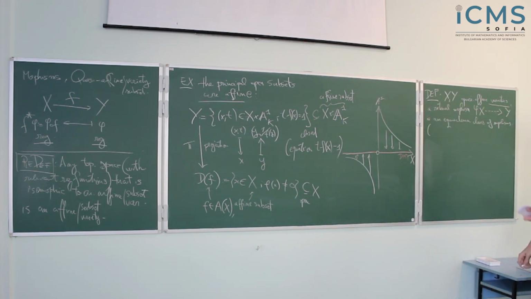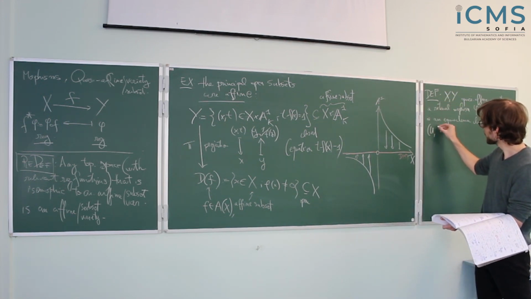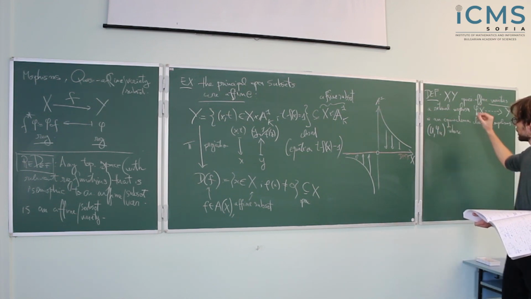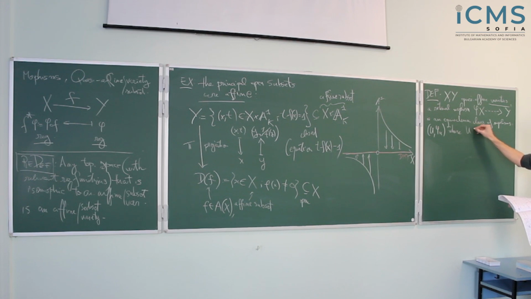So what is inside of those classes? We have pairs (U, phi_U), where U is an open subset of X, and phi_U is a morphism between U and Y. So this is why we want to have varieties.